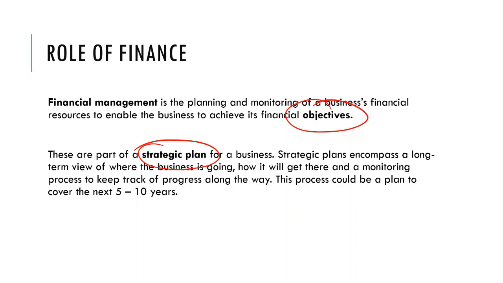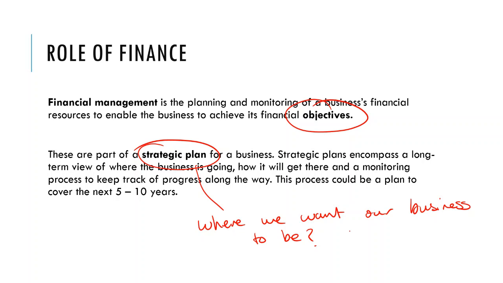What we have as a strategic plan is where we want our business to be, and it's not a short-term thing, it's 5 to 10 years. If you think about a small business, let's pick on Jay again.